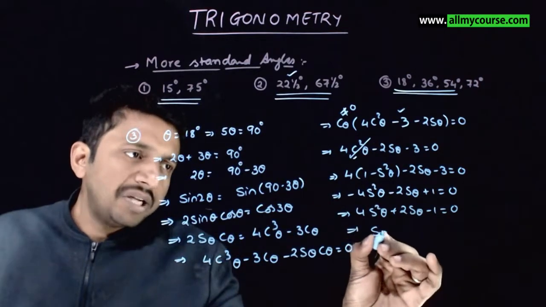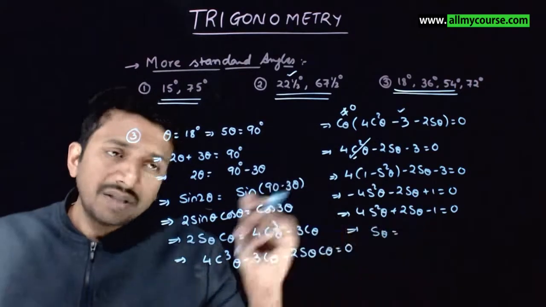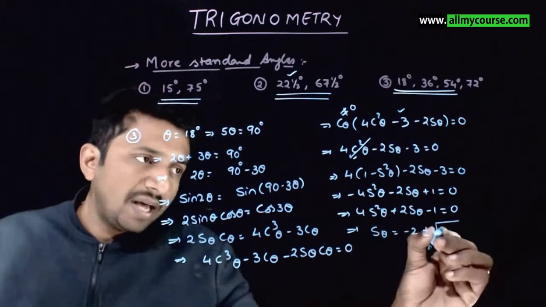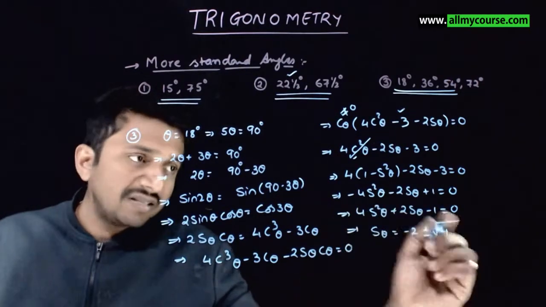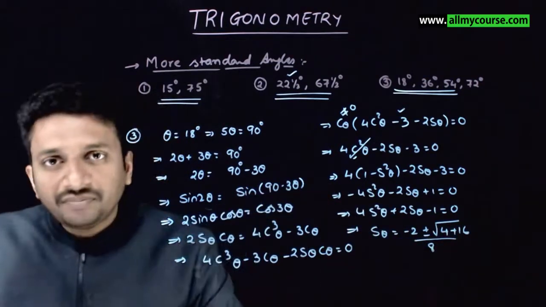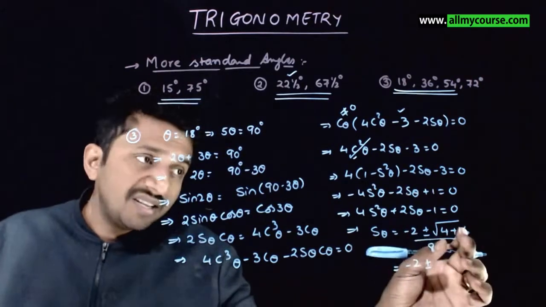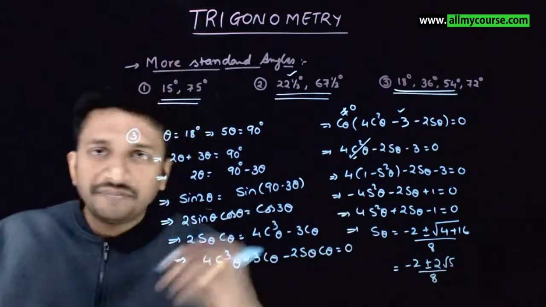It is a quadratic in sin theta. Sin theta is equal to minus b plus or minus root of b square minus 4ac, you get minus 2 plus or minus root of 4 plus 16, by 2a which is 8. That is equal to minus 2 plus or minus root 20, which is 2 root 5, by 8.